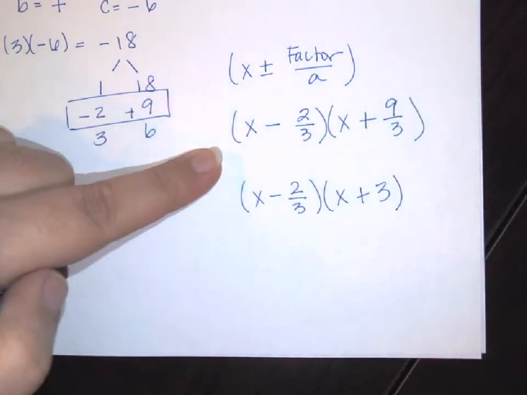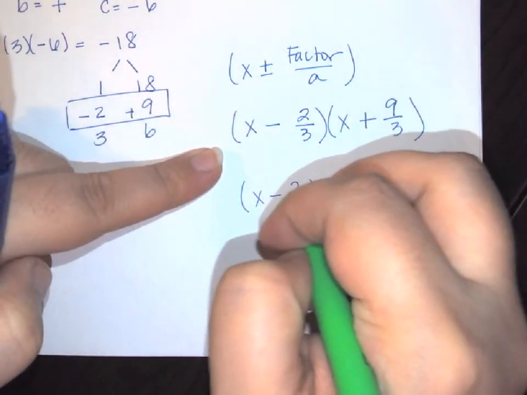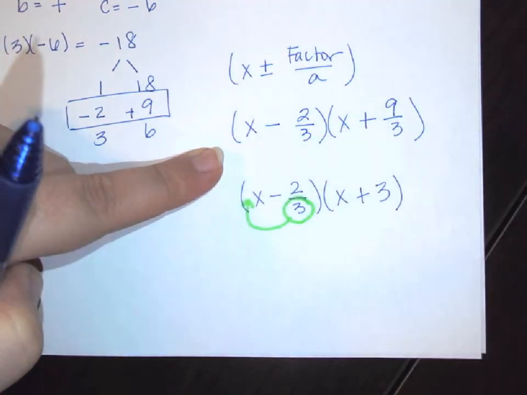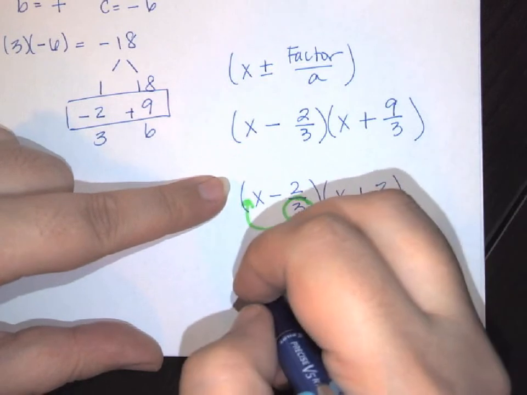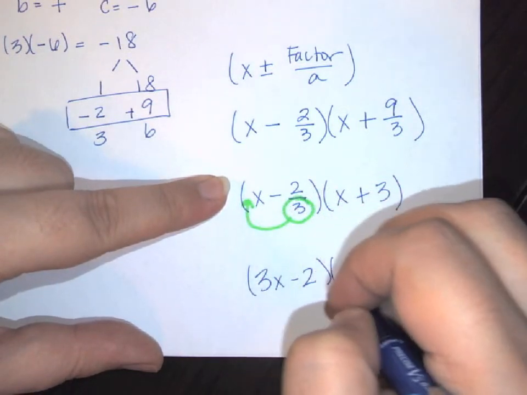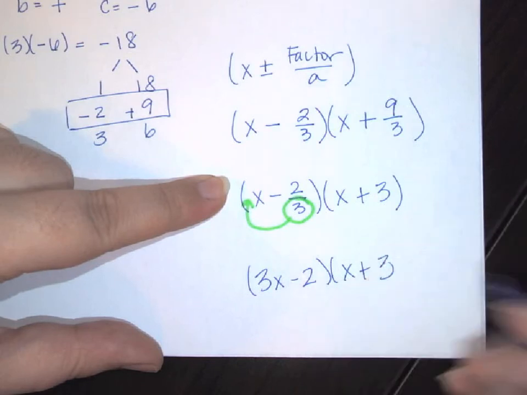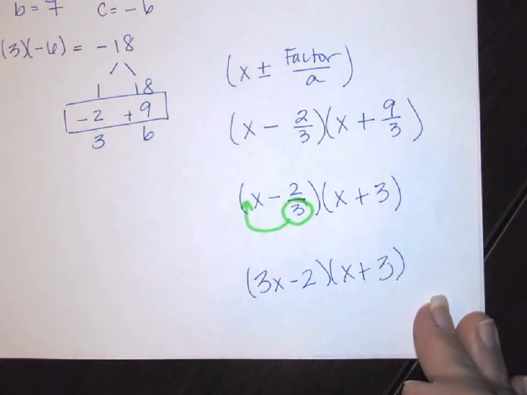The last thing we have to do is bottoms up. So here in my first fraction, I have a bottom of 3. I have to shift that up to become partnered with my x term, leaving me with 3x minus 2 times x plus 3. And those would be those factors for that problem.